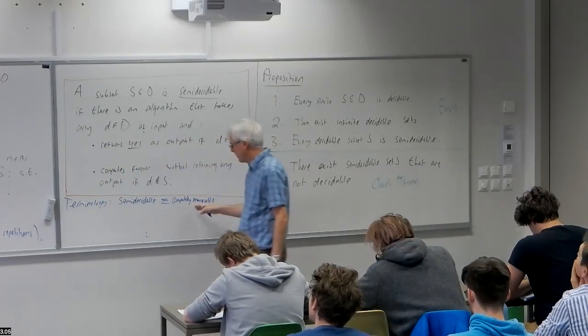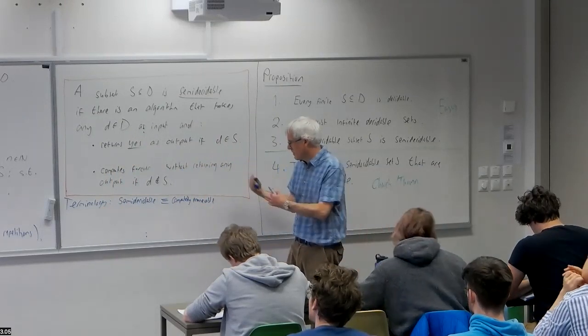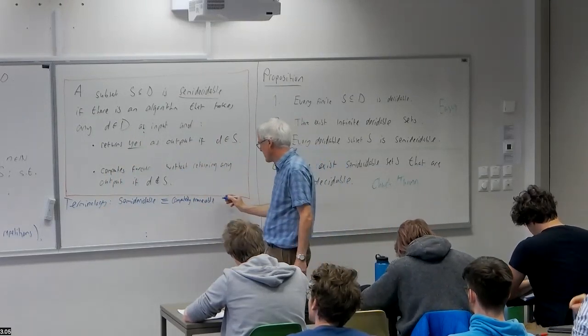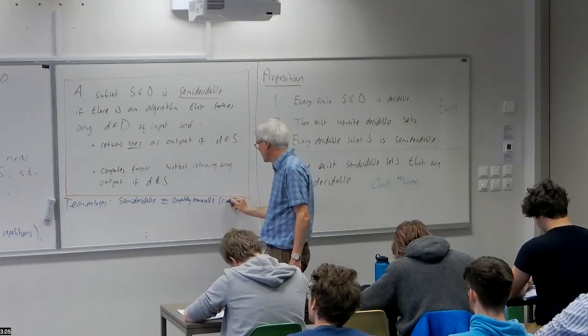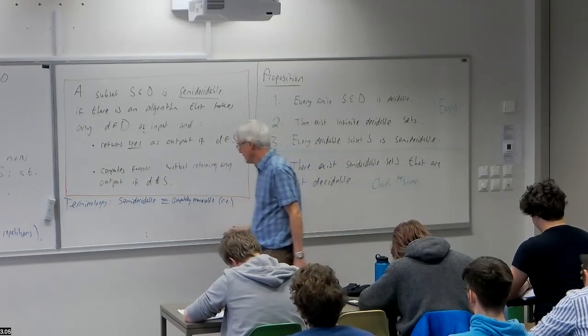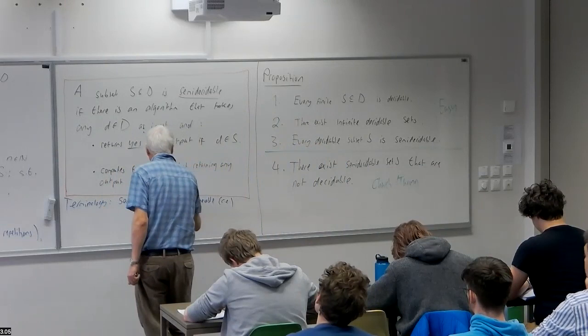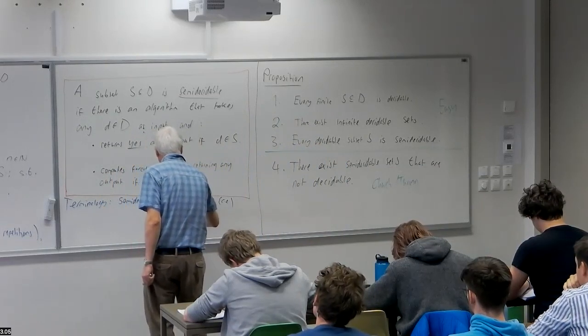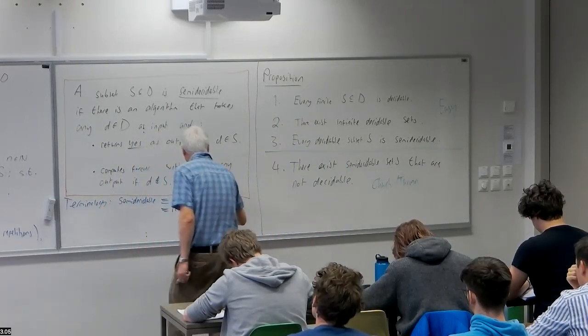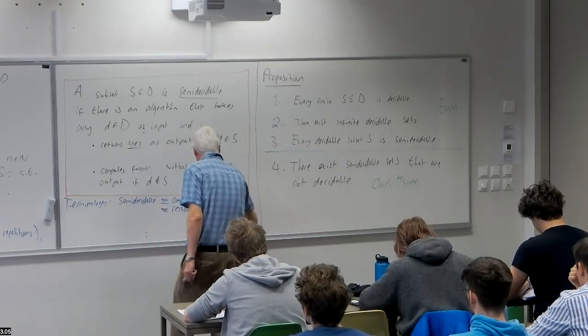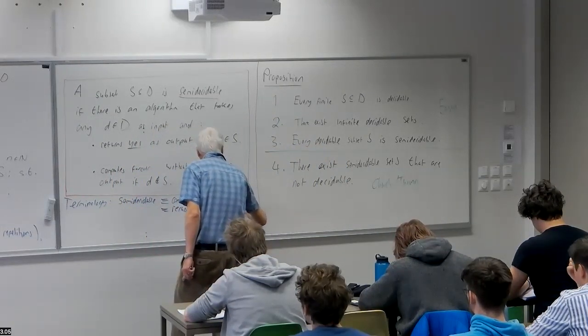So it conveys a different idea, namely that we can list the elements of the set, but it's the same thing. That abbreviates to C.E. Well, there's an older terminology that people still use sometimes, which is recursively enumerable, or RE.